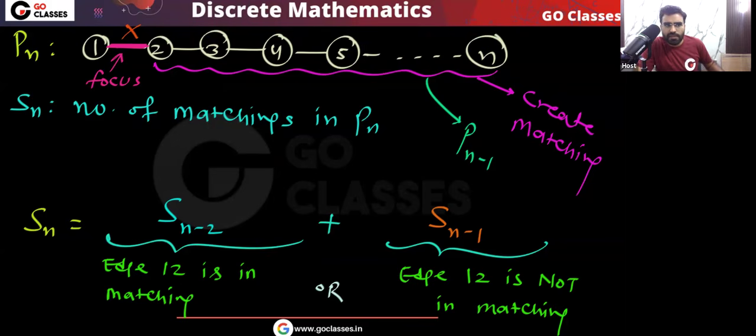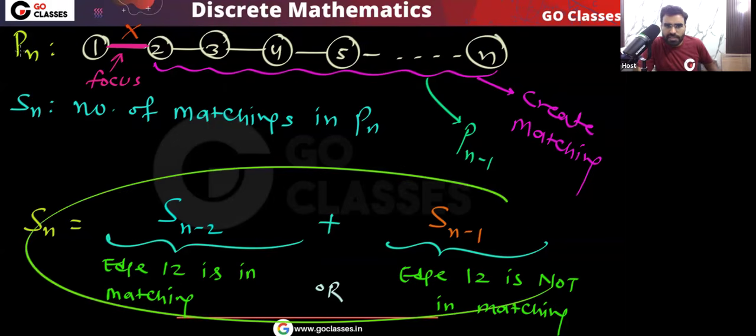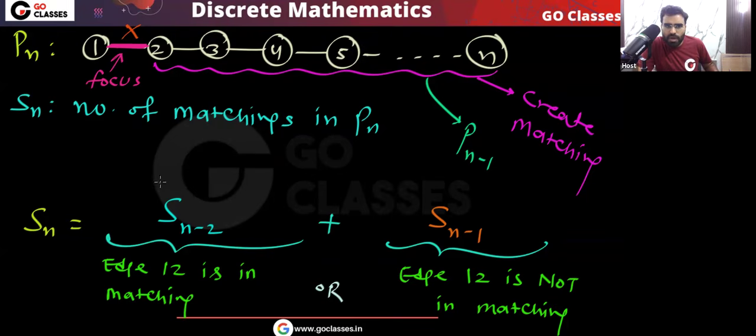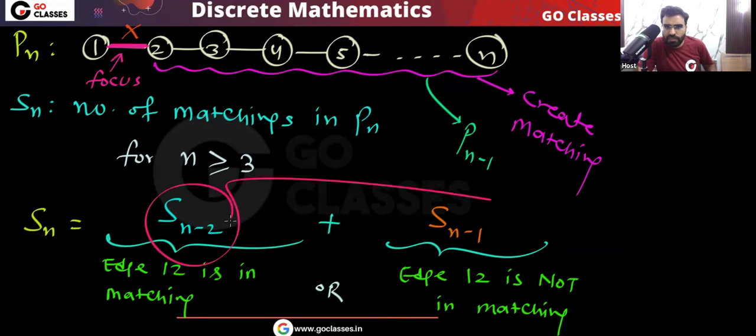That's it. Very easy. Tell me, this recurrence relation will work for how many vertices? What must this n be? This n value must be greater than or equal to 3, because 3 is equal to S1 plus S2, and we have already found manually what S1 and S2 are.